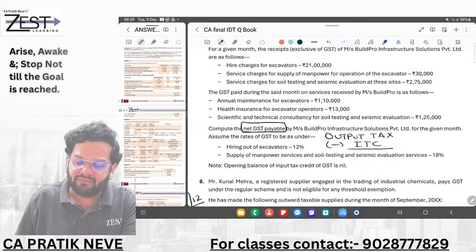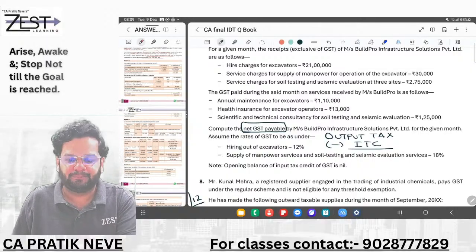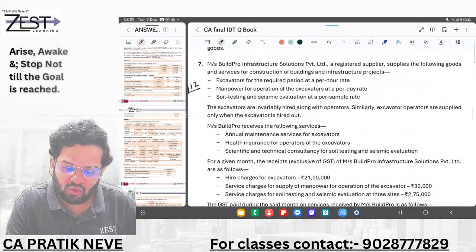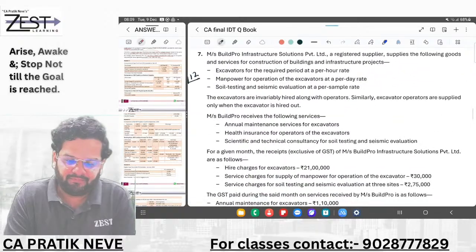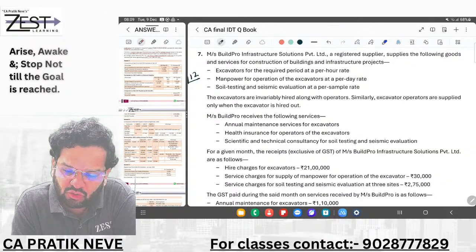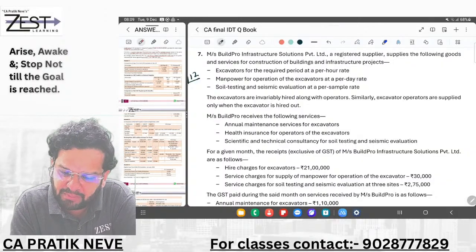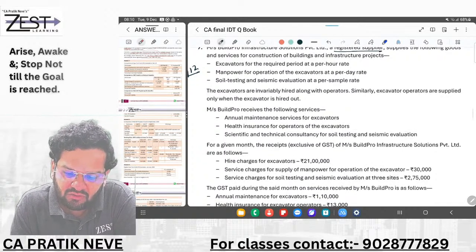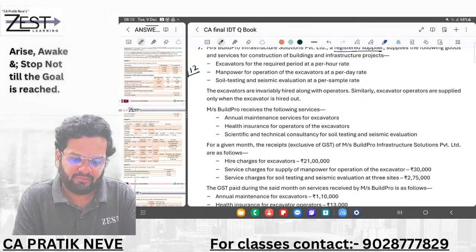You will get net GST payable. So let's try and understand what the output tax will be in this case. Messrs. Buildpro Infra Solutions, a registered supplier, supplies the following goods and services for construction of buildings and infra projects.